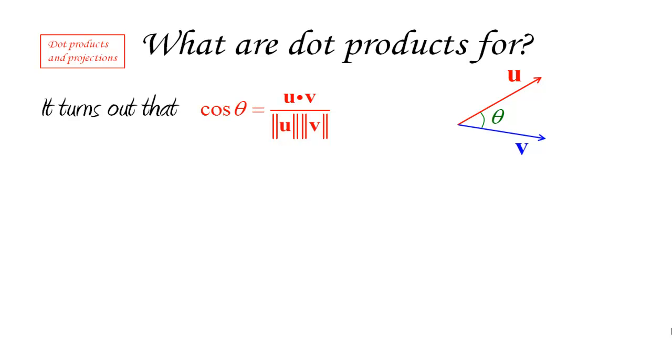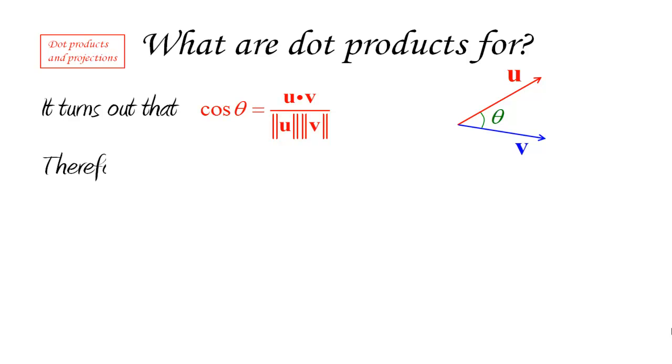Okay? This is a very simple exercise in trigonometry, an interesting one that I definitely recommend you have a look at in the textbook. So this tells you right away that the dot product is definitely linked with the angle that two vectors form.